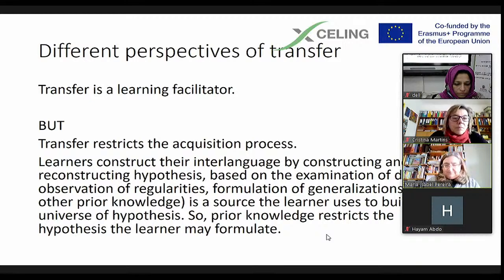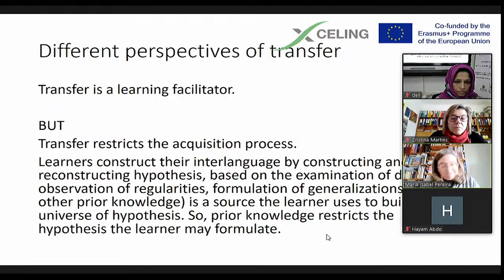So we can conceive transfer as a learning facilitator.